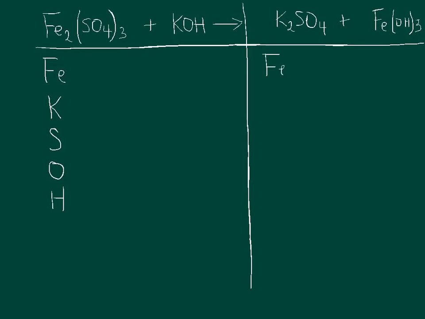I have the same elements, but then I'm also going to list the amounts of each of those elements. On the reactant side, I can see I have 2 irons. So I'm going to list that, 2 irons. I can see I just have the 1 potassium over here. So I have 1 potassium.